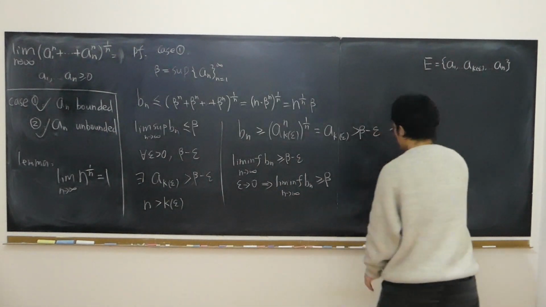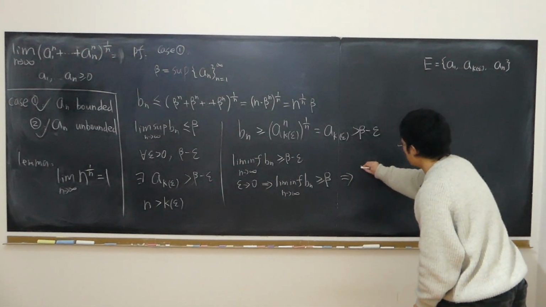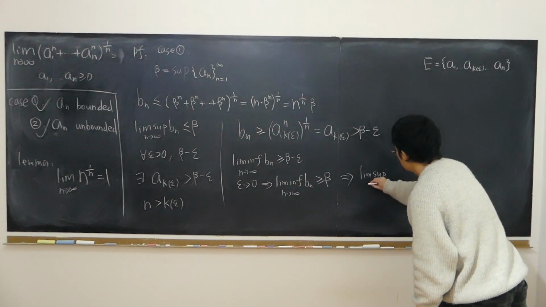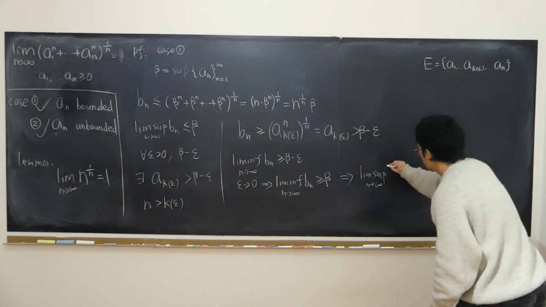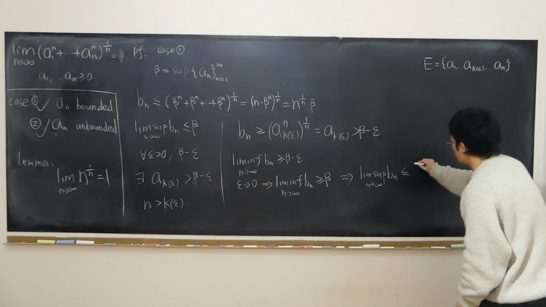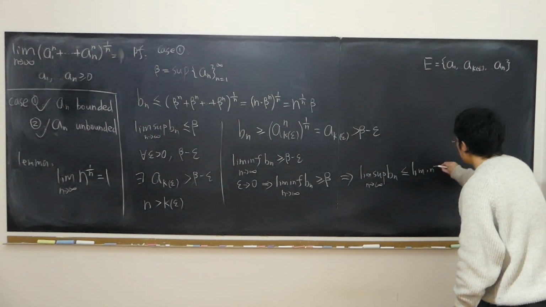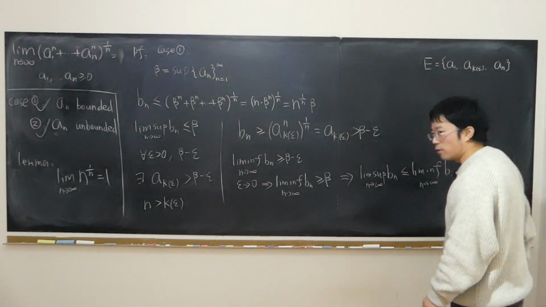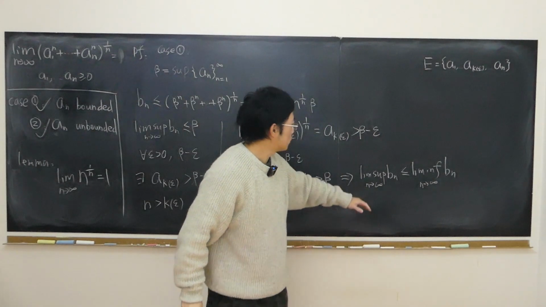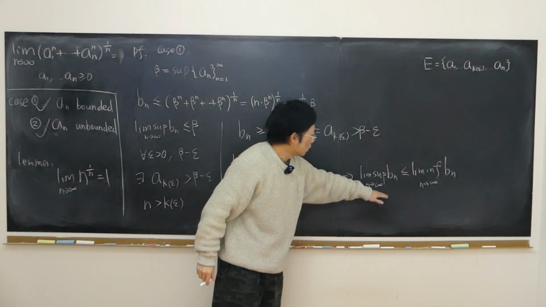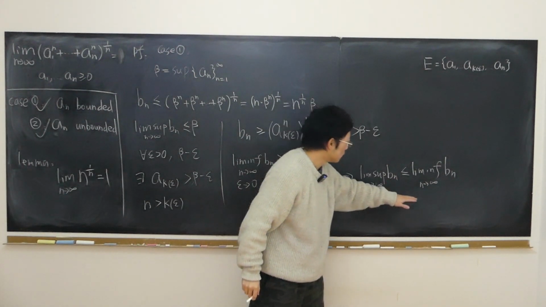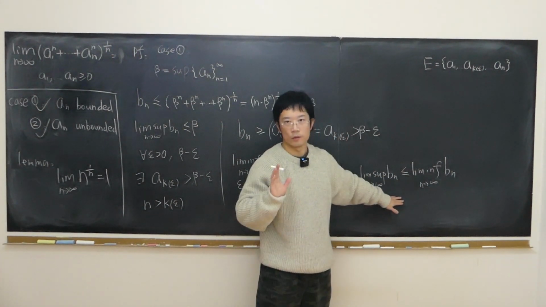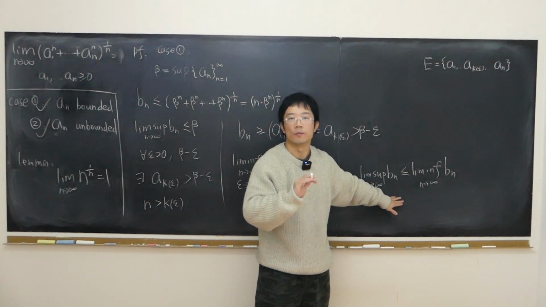Therefore, simply we can conclude lim sup is no larger than lim inf. We also know for a fact that lim sup is no less than lim inf. Combined with lim sup being no larger than lim inf, we conclude lim sup has to equal lim inf.